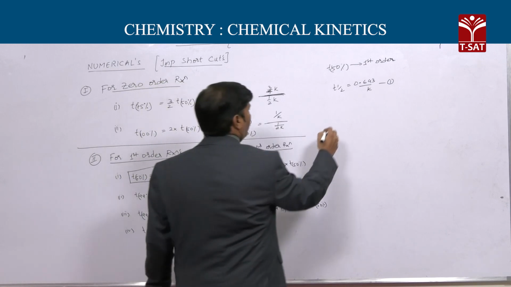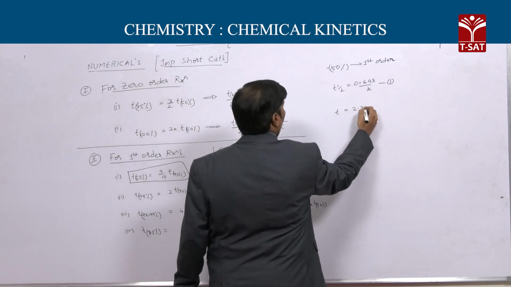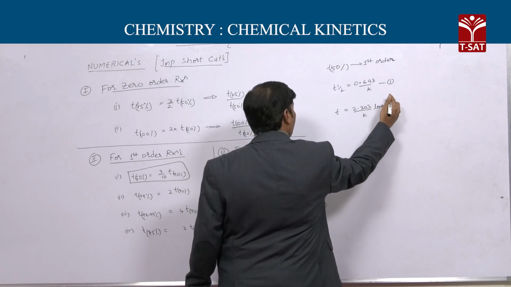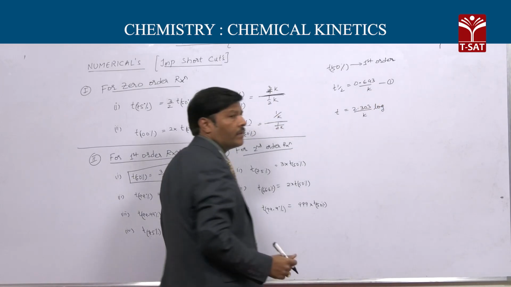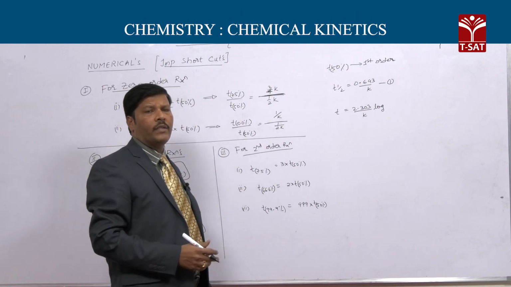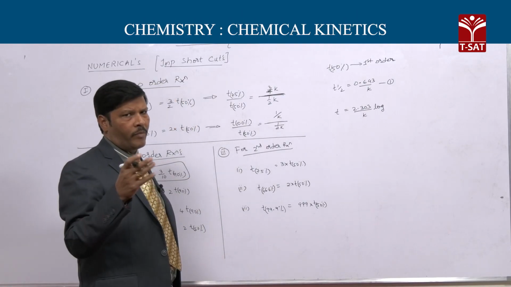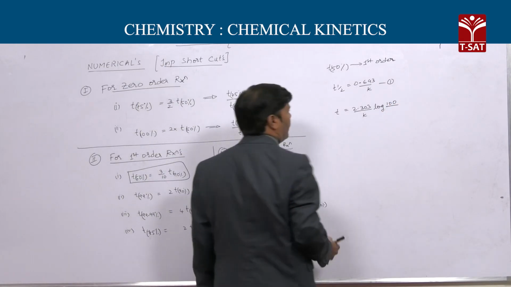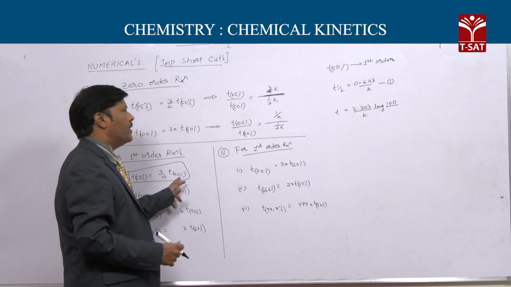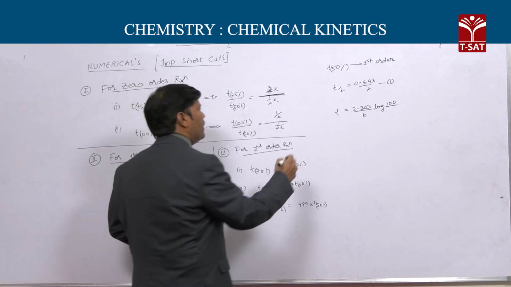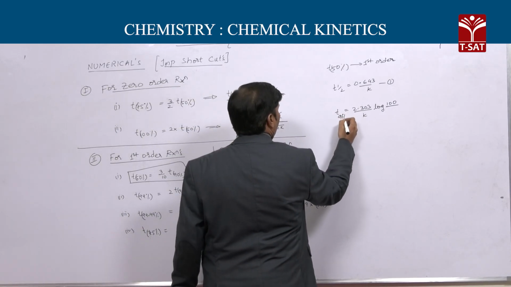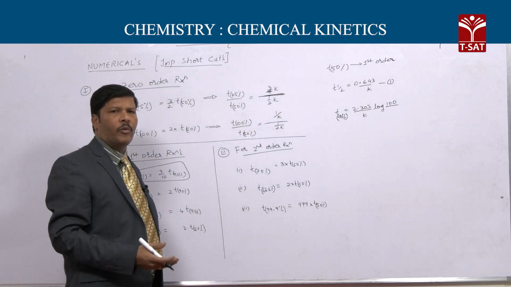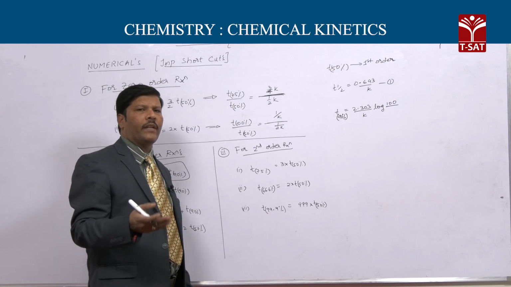Then T of 90% means T is equal to 2.303 by K into log of A by A minus X, or C naught divided by C naught minus X, whatever. The initial concentration of the reactant is 100, because it is 90%. What do we mean by T90%? That means 90% of the reactant has been converted to product, and 10% of the reactant is left.